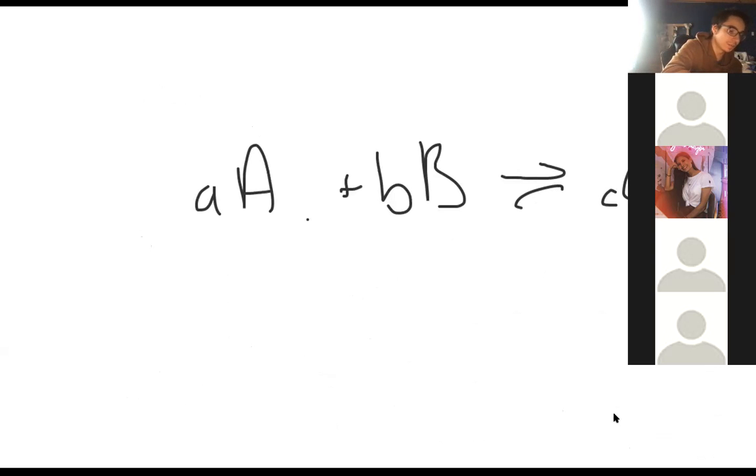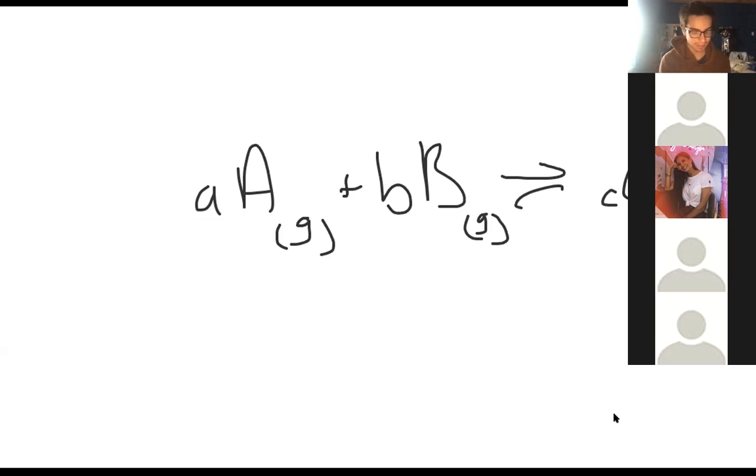And since we're dealing with Kp, everything has to be in gas. It looks like there's a ton wrong with that section.